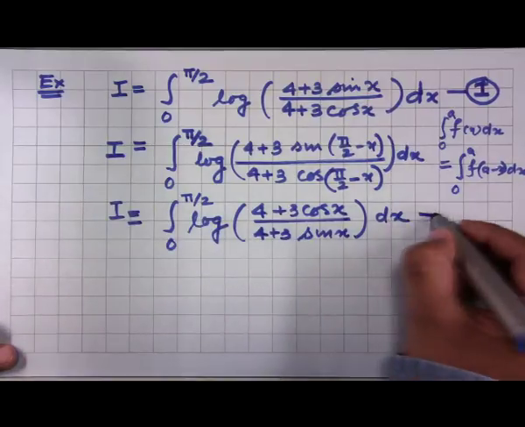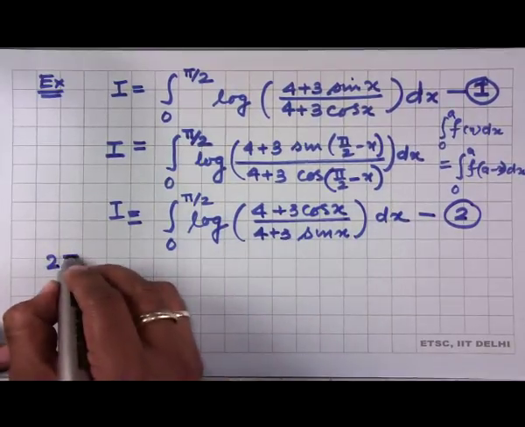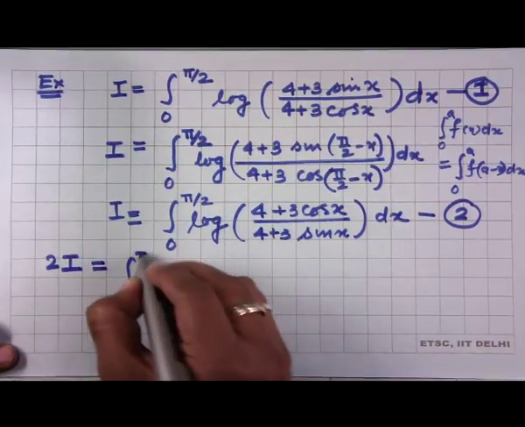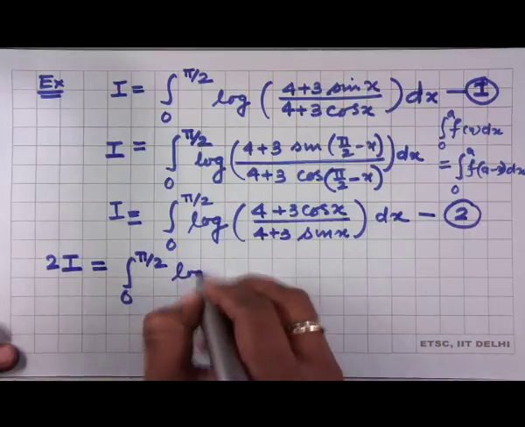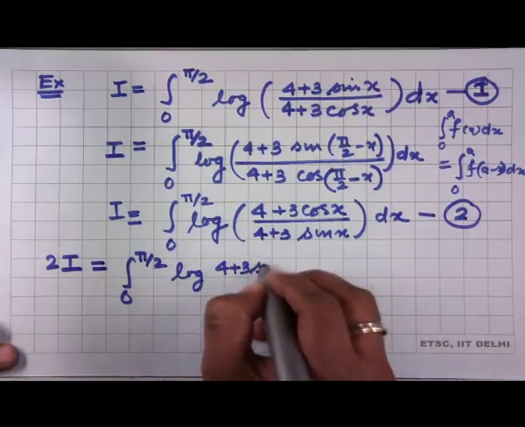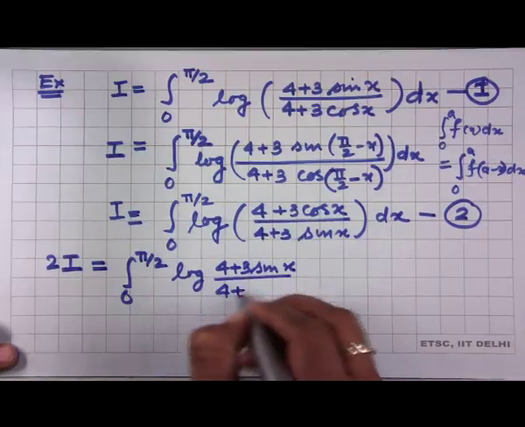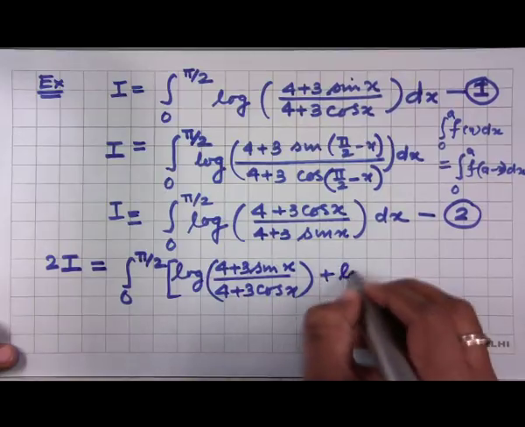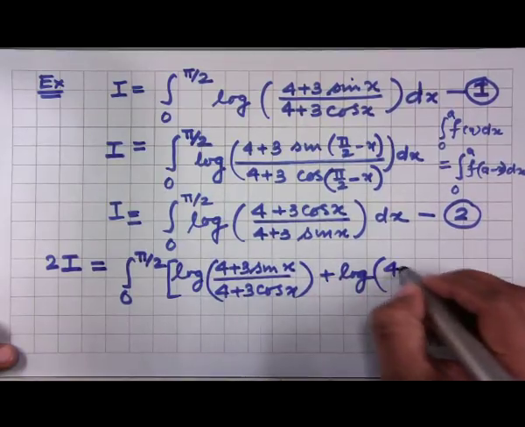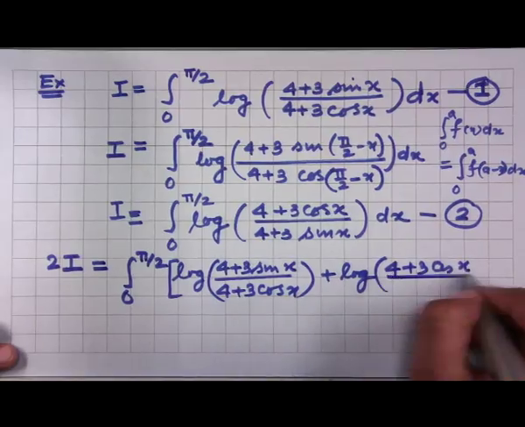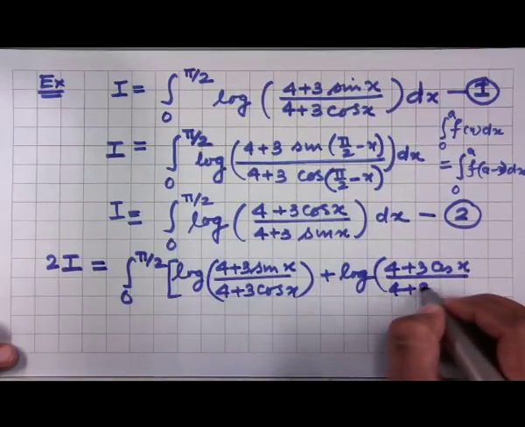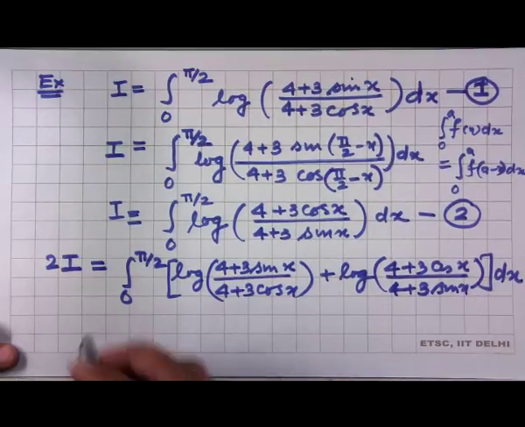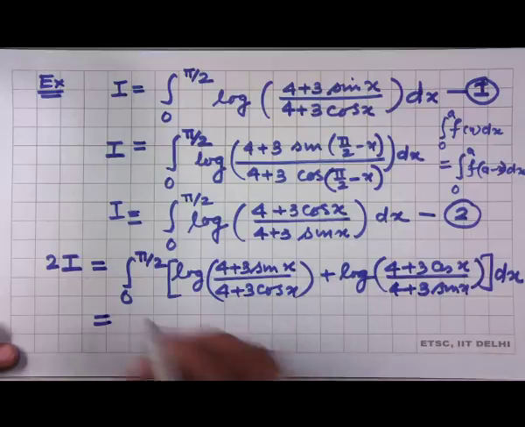Now again add 1 and 2, we get 2I on the LHS, and on the right we get log of (4 plus 3 sin x upon 4 plus 3 cos x) plus log of (4 plus 3 cos x by 4 plus 3 sin x) dx. You know that log m plus log n is log mn.